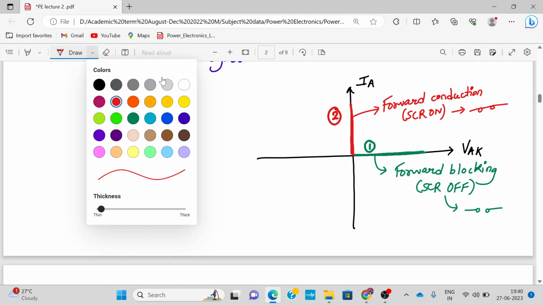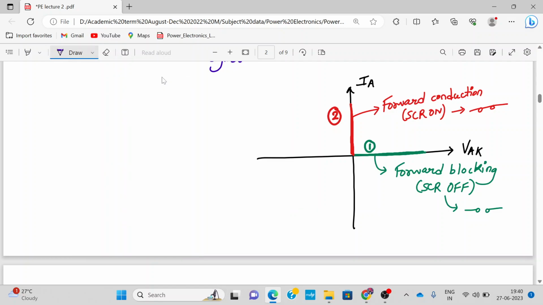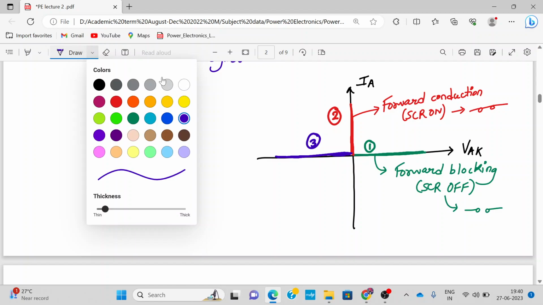Now there is a third region of operation also for the SCR. We term it region number 3, and we call it the reverse blocking mode.